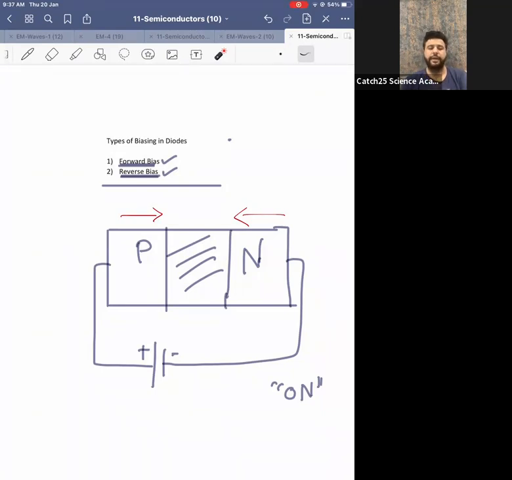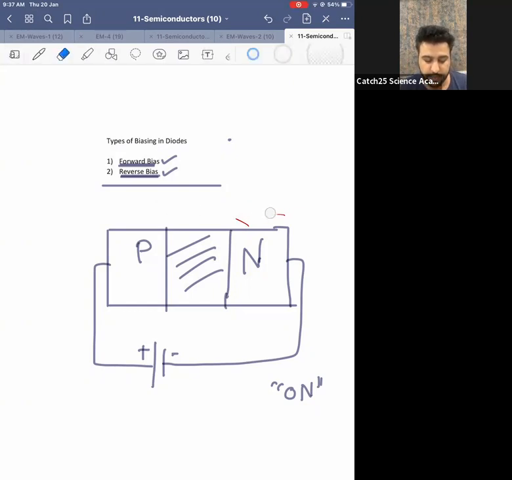Last line. In forward biased diode, the width of the depletion region decreases. Okay.